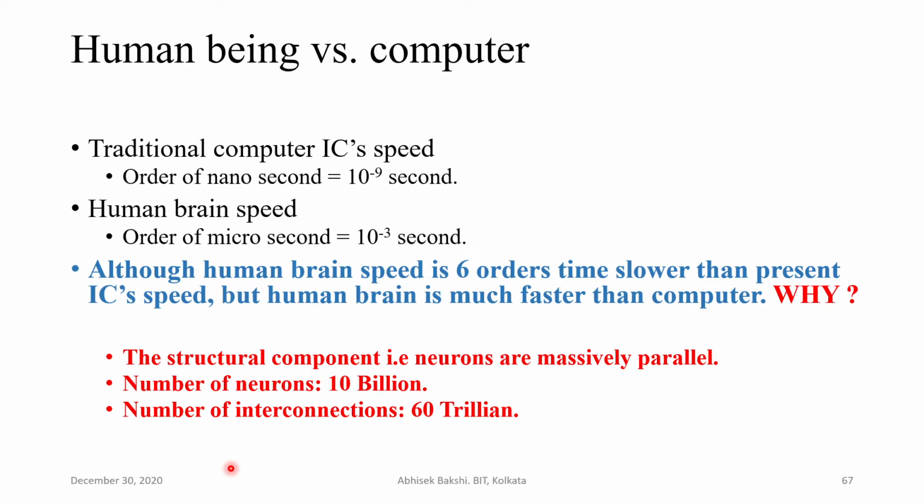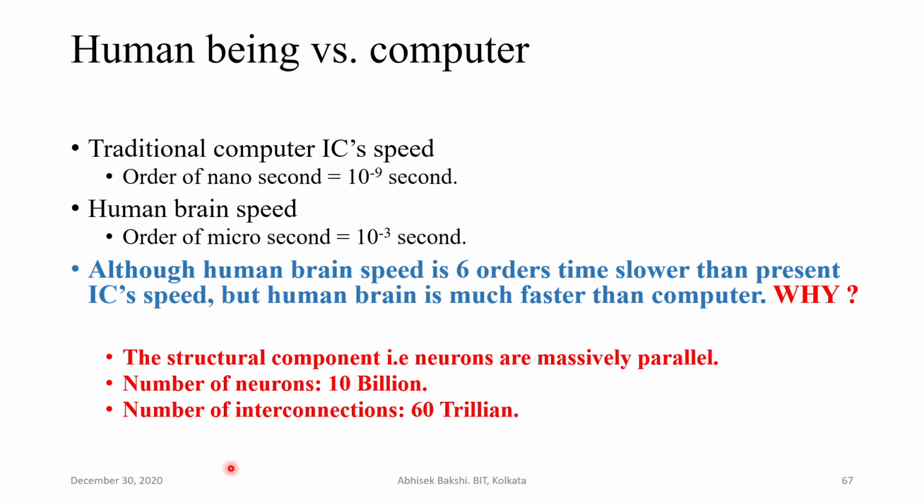And in a general estimate, we have 10 billion neurons in a developed brain, and their interconnections are 60 trillion. So a very huge parallel task is possible, and that is the key reason why we are faster at recognition type tasks.